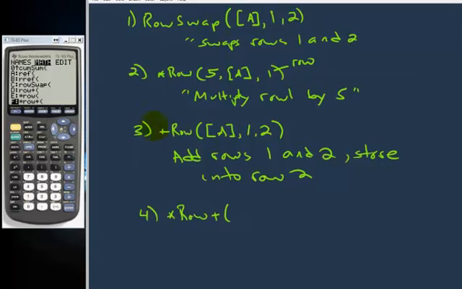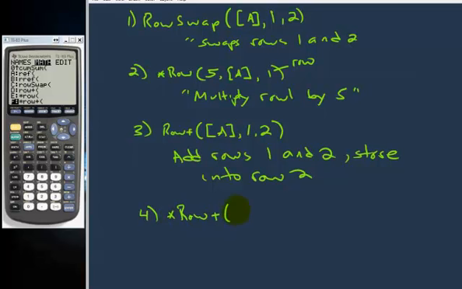Okay, I actually had number 3 wrong. If you can see, it actually says row plus. So up here, let me erase that. It's rowPlus. All right, now back to 4. It's going to be multiplication, row, and plus.